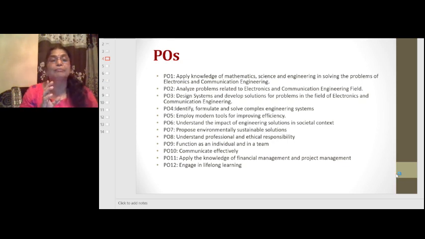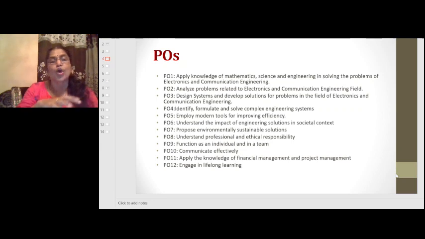Now the 10th PO is communicate effectively. The 11th PO is apply the knowledge of financial management and project management. The last one, that is the 12th one, engage in lifelong learning. So these are the 12 POs designed by AICTE for engineering graduates.